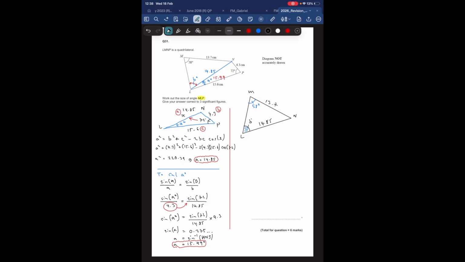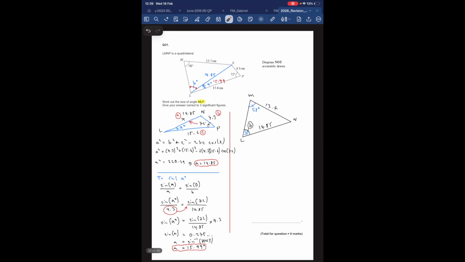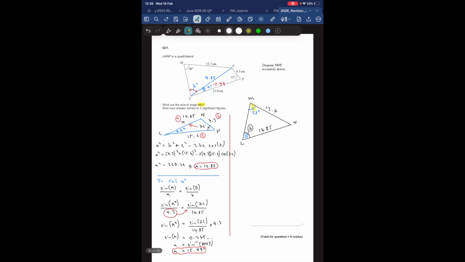Now again, we can use the sine rule to work out this angle because we have length angle pairs. We have this angle 58 degrees, which is directly opposite the 14.85. That's one length angle pair. The other length angle pair is basically between the 13.7 and the B degrees, which is what we're trying to calculate. So again, we're using the sine rule.